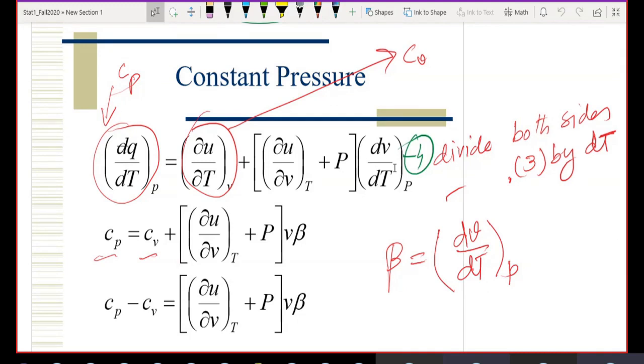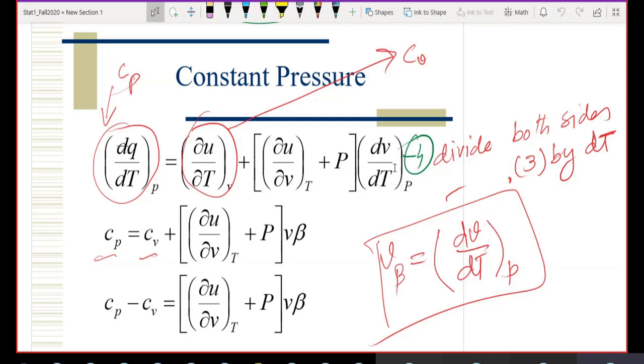Sir, with that there is also V, small v. V beta. Yes, V beta. My mistake here. Okay, V beta. So V underscore beta. It's not multiplied by beta.